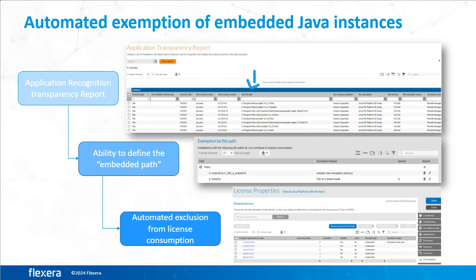Meaning, if all Java evidence on one system is exempted by file paths, there's WebLogic, there's an IBM product, and no additional Java install on the system, then this device is ignored or not considered during reconciliation, right? So this is the mechanism behind.